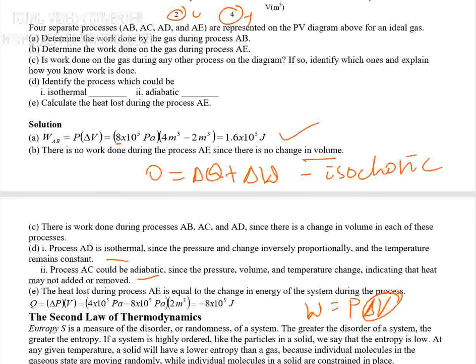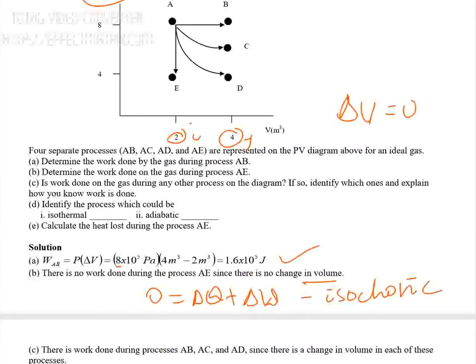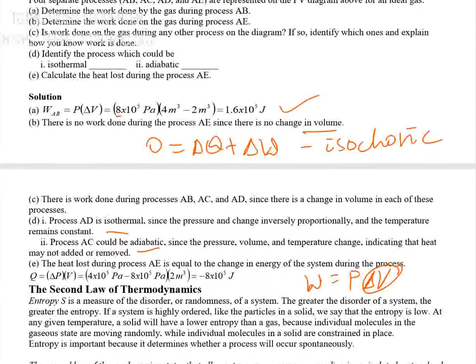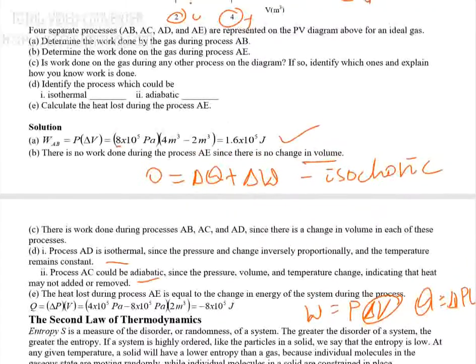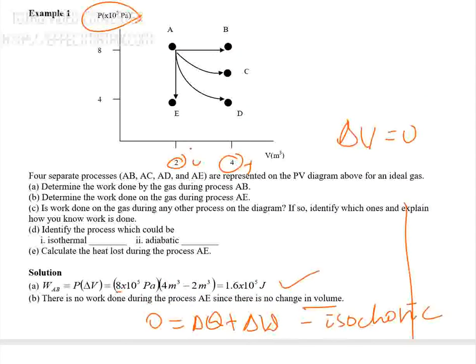In E, we are asked to calculate the heat loss during the process A to E. The heat loss during the process A to E is equivalent to Q, since the volume is constant, change in pressure times what? Volume. Therefore, the change in pressure is the pressure decreases from 8 to 4.